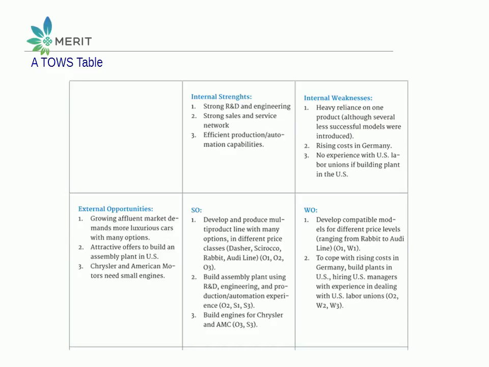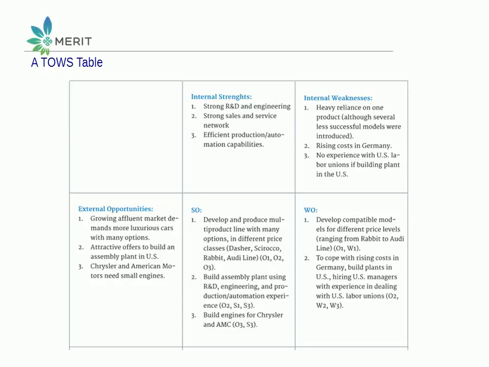We will do this with a couple of your outputs, hopefully. We'll see what happens. So in this case study, they have identified some opportunities for that organization: there's a growing market for luxury cars out there. There is incentive to build a manufacturing plant in the US.